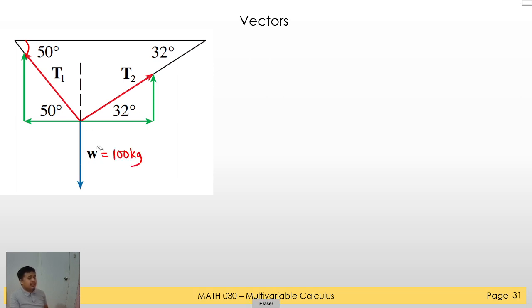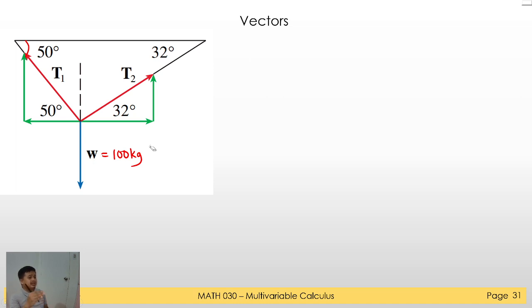Now how do we find an equation? We have to find the vectors T1 and T2 and also their magnitudes, or in other words, the length of these vectors. In physics, we have this principle that if this is in equilibrium, meaning it is not moving, it is at rest, it has no acceleration, the sum of the forces will be equal to 0.